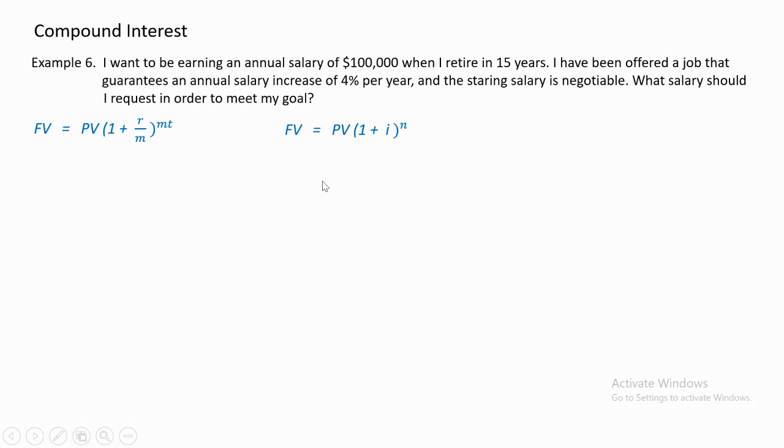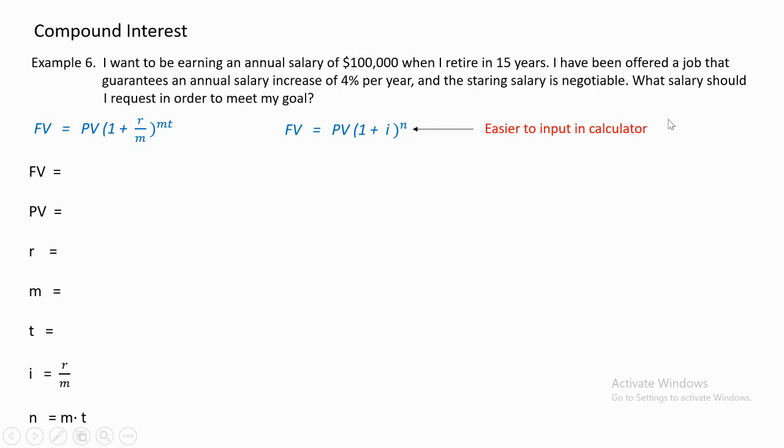So that's my formula. It's easier to use this one because it's easier to input in the calculator. So there are your 7 things. I want to be earning this amount in 15 years, so this is your future value. We're looking for the present value because it says, what salary should I request in order to meet my goal?